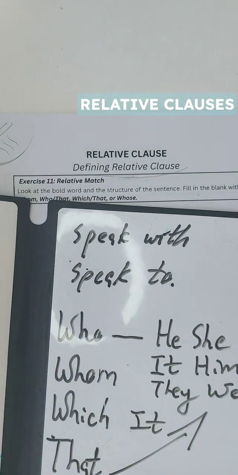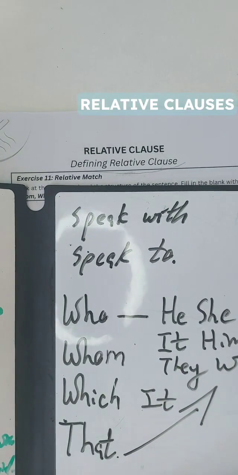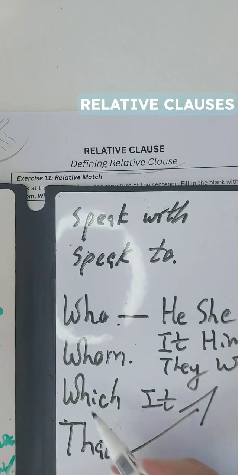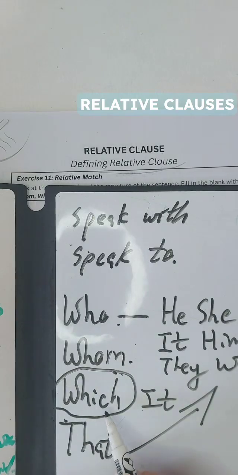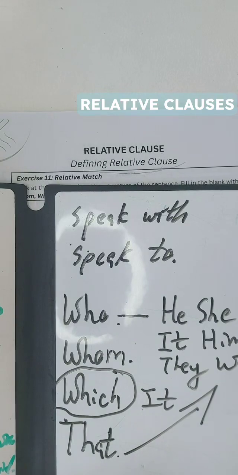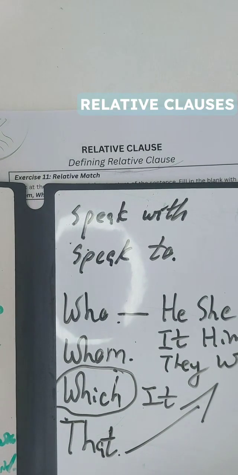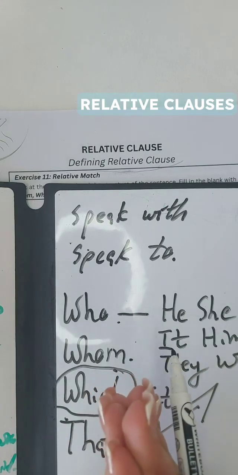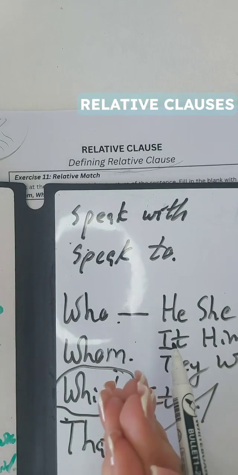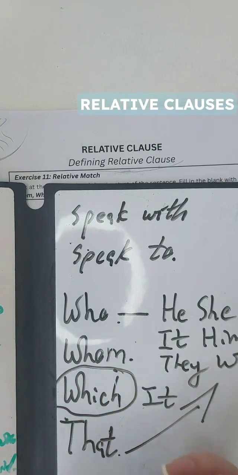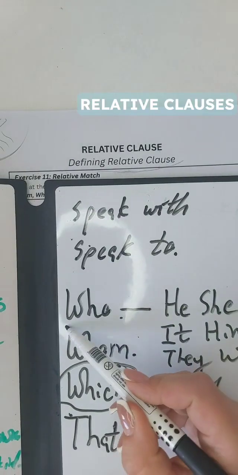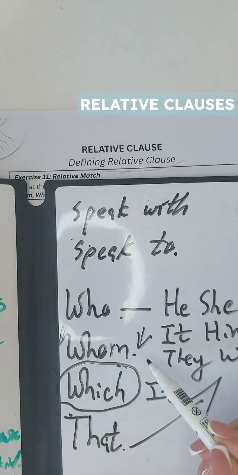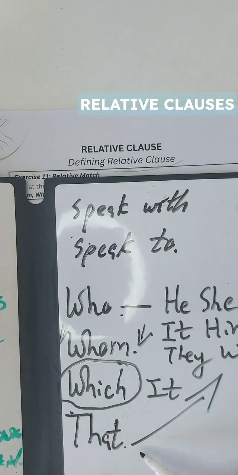The doctor, we need who, whom, or that; which is only for animals and things, right? Then, the doctor whom I spoke, and we need a preposition. With whom, we can use the preposition in front or at the end. With who or that, only at the end, right?